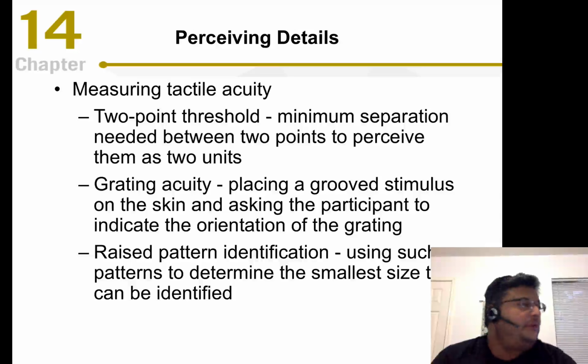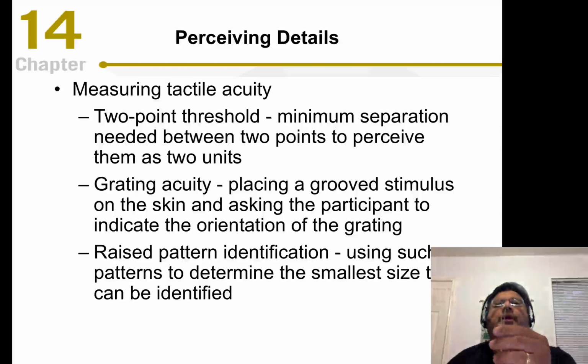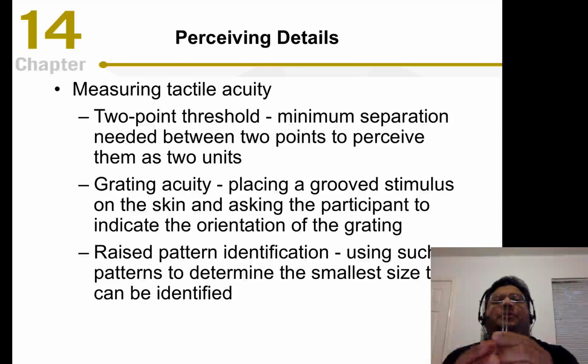Essentially, let me see if I can come up with a quick example here. Now, I don't know if you can see this, but this is two little points on a pair of tweezers, right?